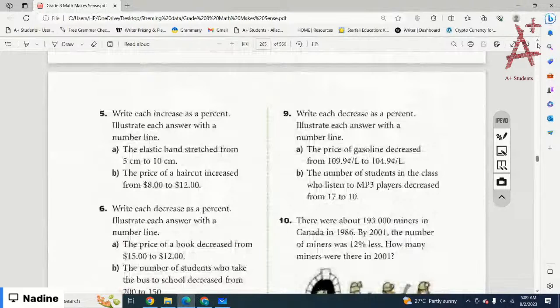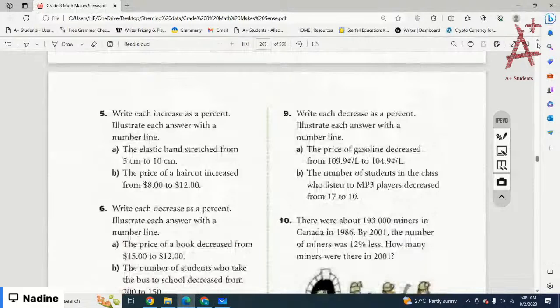Question number 5. Write each increase as a percent. Illustrate each answer with a number line. The elastic band stretched from 5 centimeters to 10 centimeters. Originally it is 5 centimeters. When you stretch, it equals 10 centimeters, right?